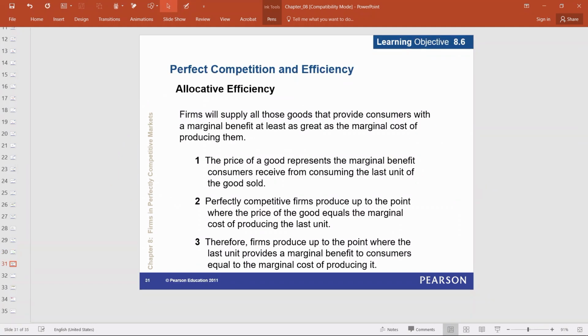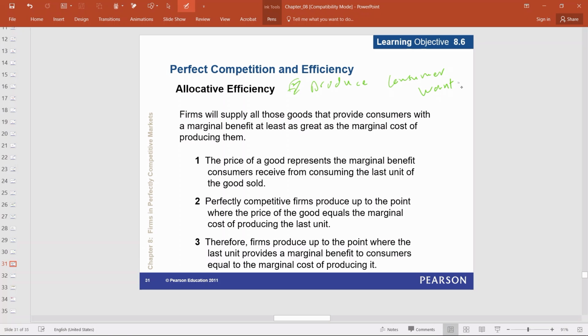Allocative efficiency, the only thing that we need to say here is that firms produce exactly what consumers want, or consumers get the maximum benefit out of it.